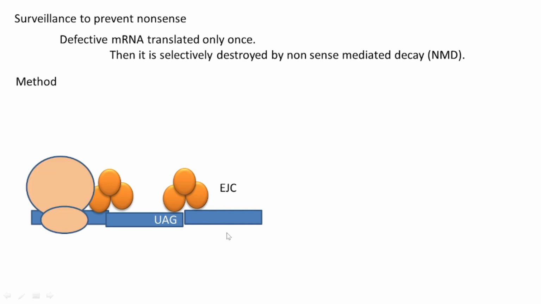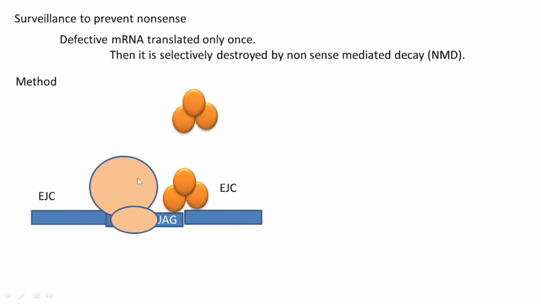Later the ribosome comes and starts to translate, or read, that mRNA. During its process of reading, as it passes through the mRNA, it dislocates the exon junction complex. As this mRNA has a stop codon inserted somewhere here in the reading frame, what happens? The ribosome misunderstands that here is the point to stop translation, and it stops the translation here and dissociates.